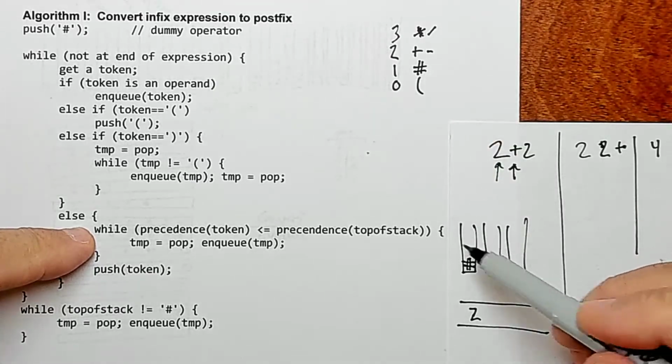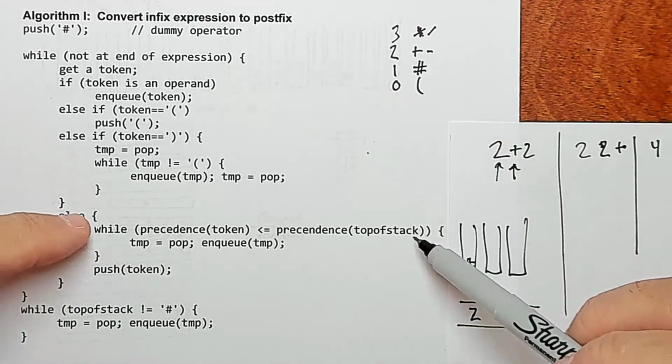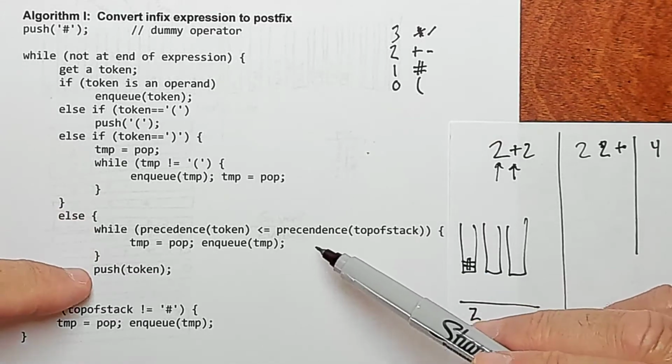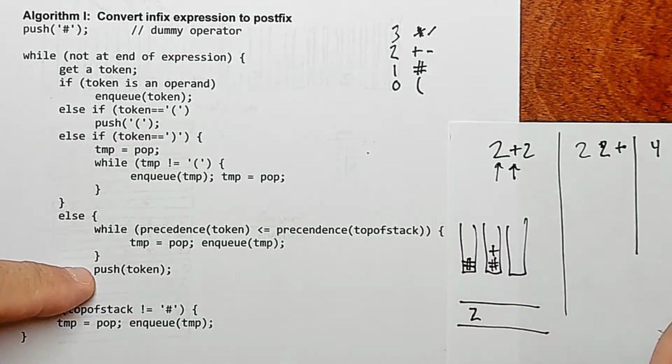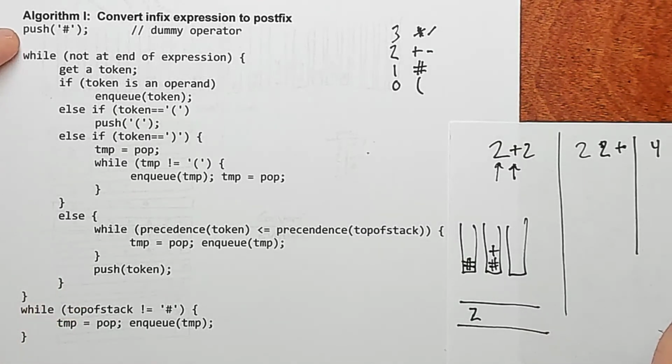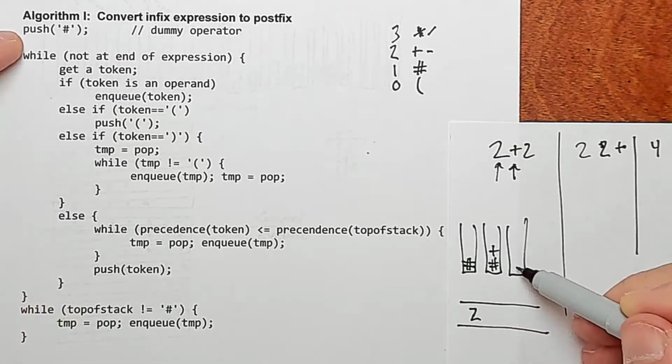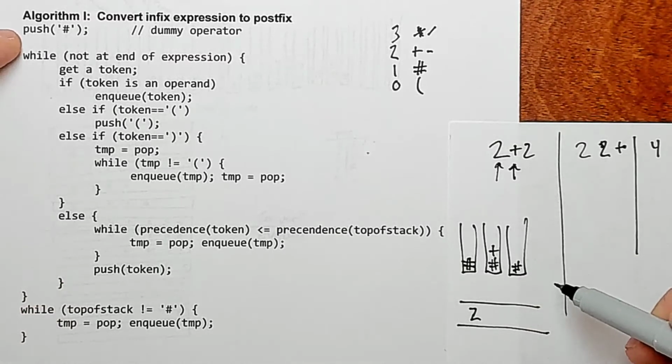So the precedence of the token is greater than the precedence of the top of the stack. So the loop does not execute, and we just push the token. I forgot that at the initialization you have to push this hashtag on there, so I squeezed it in, if you noticed.